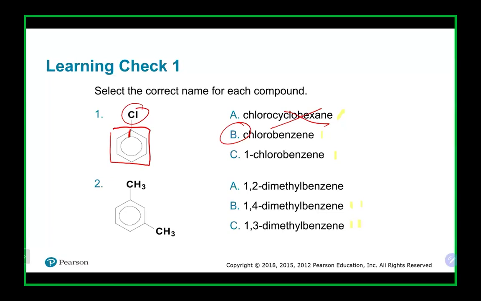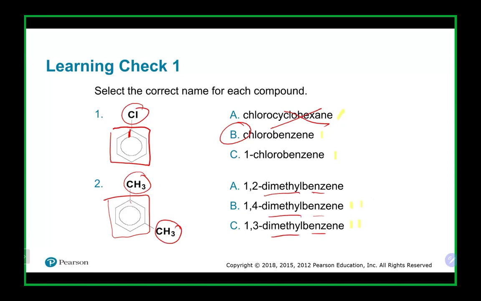Here we really have a toluene, but that's not one of our choices. So we'll go with the older school name here. So we still have a benzene ring there. That keeps all 3 of these in check. We do have 1 methyl group and 2 methyl groups, which is a dimethyl. So that's good, right? So now we need to do some numbering. In this case, it really doesn't matter which methyl you start with.